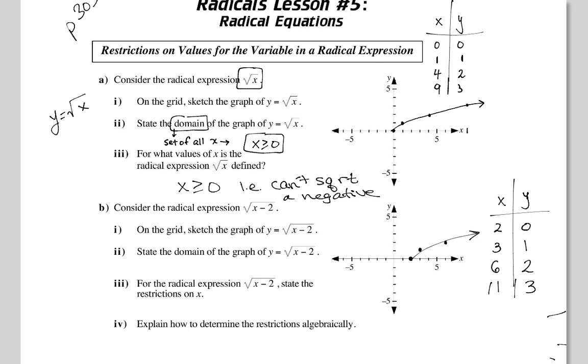So then you would say x is greater than or equal to 2. So then the restriction for x is x greater than or equal to 2. Because what if you choose a number less than 2? You're going to be square rooting a negative, and that's not cool. So explain how to determine the restrictions algebraically.